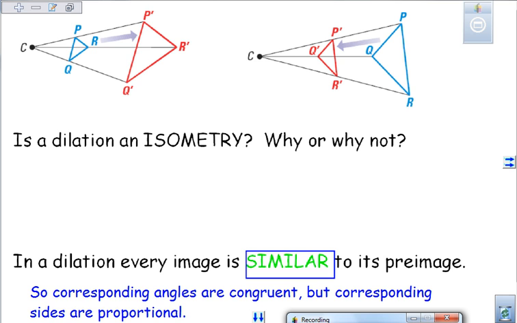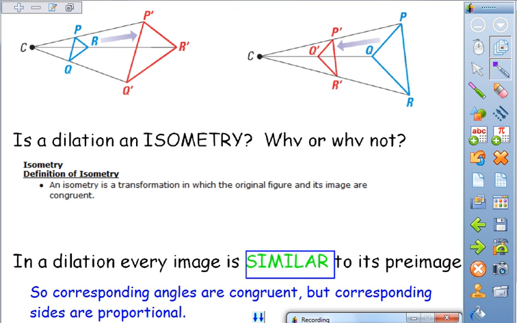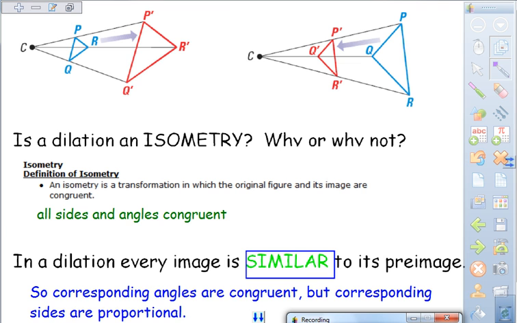Thinking back to previous chapters, is a dilation an isometry? So we have to think back to what an isometry is. An isometry is a transformation in which the original figure and its image are congruent. In our own words, all sides and all angles are congruent.